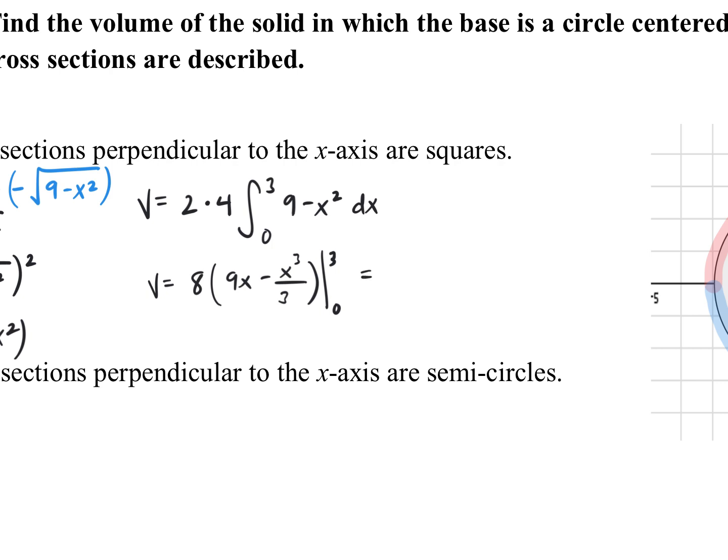So if I correctly plug in 3, my volume is going to equal 8 times 27 minus, let's see, that's 27 over 3. So order of operations, parentheses first, this is going to be 27 minus 9. And 27 minus 9 is 18. So 8 times 18 is equal to 144.